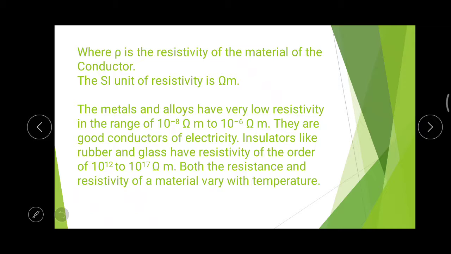Afterwards we saw the factors which affect the resistance.